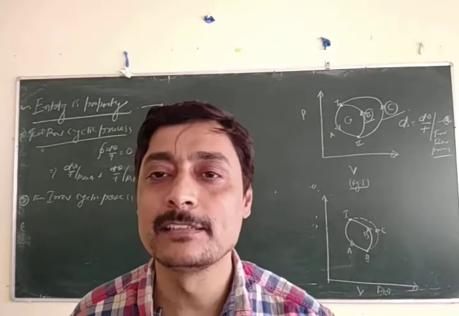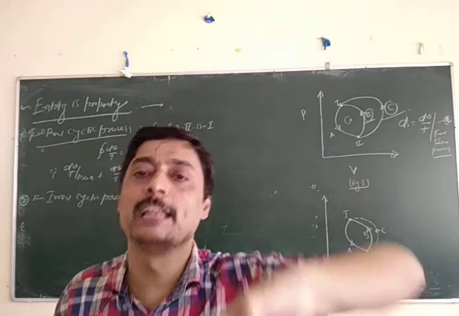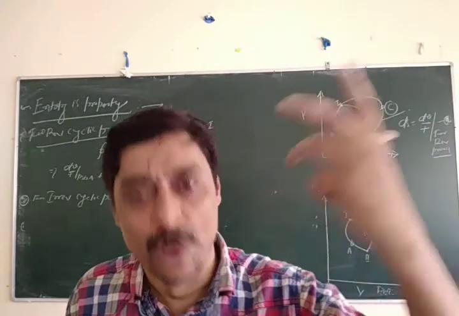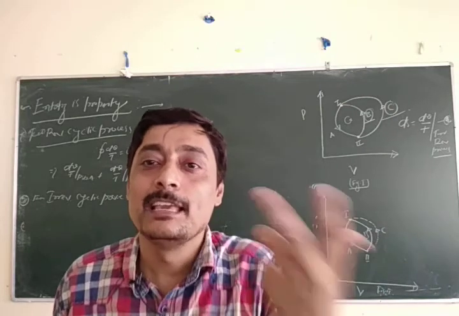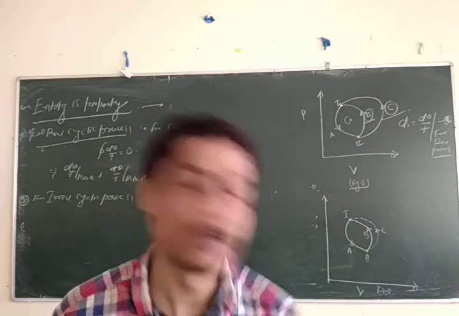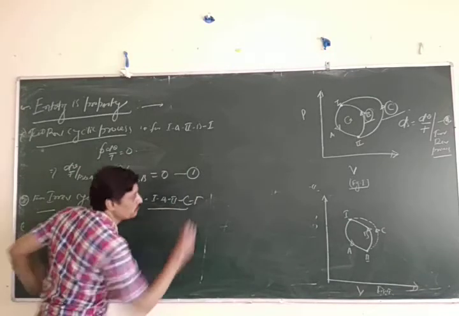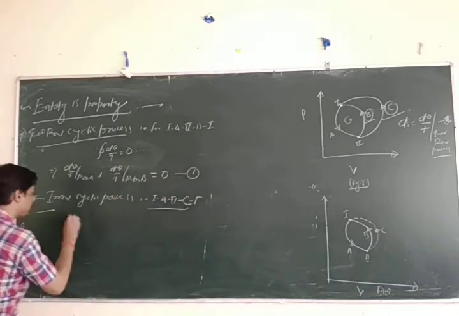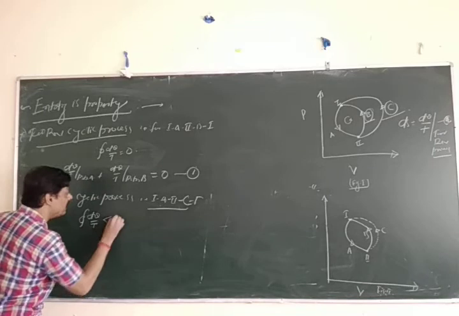Because it consists of two processes, in which the first process is reversible, but the other process is irreversible. That's why the combination of one reversible and another irreversible process is called an irreversible cyclic process. This is 1A2C1. So for this process, the cyclic integral of dq by t is less than 0.